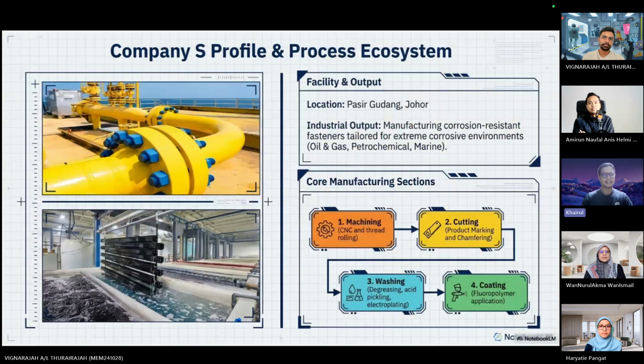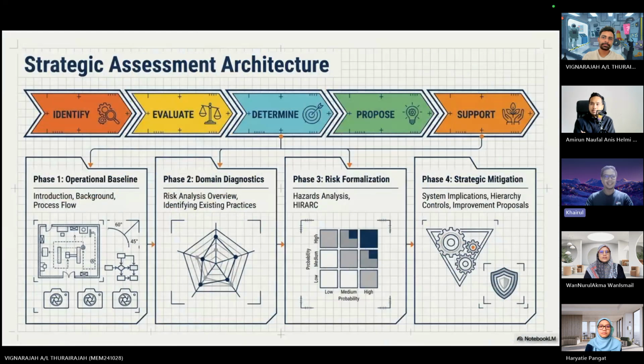Okay, basically, we have 4 phases in our study. First is operation background, which is the introduction and background of the process flow of the company. Then second one is domain diagnostic.